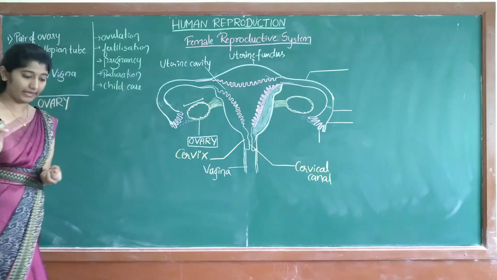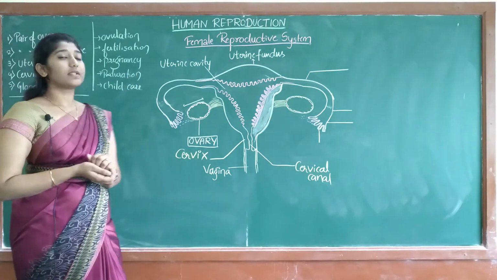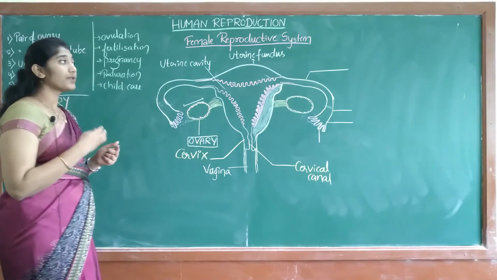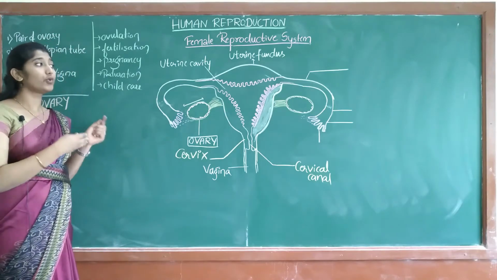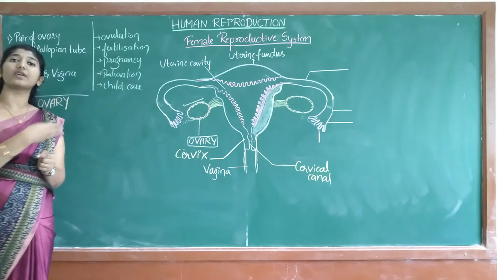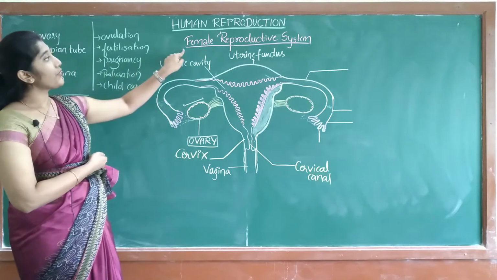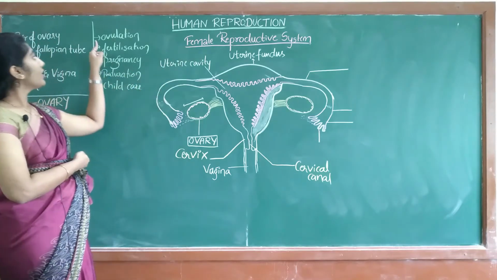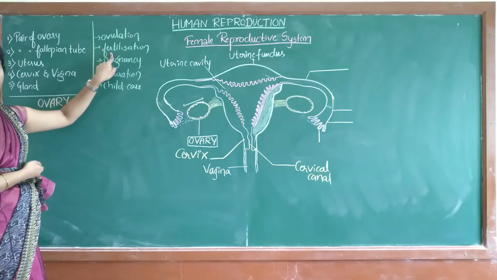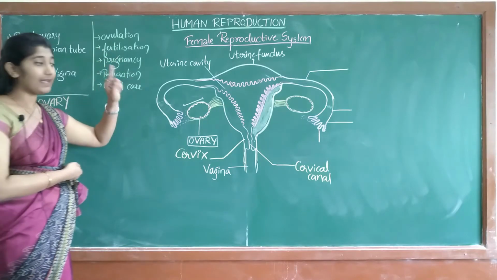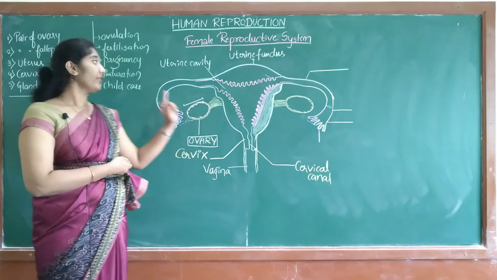In case of male, what happens? Gametogenesis takes place, meaning sperm production, and once the sperms are produced, through the insemination process they are transferred to the female genital tract. But in case of female, what happens? Ovulation followed by fertilization. Fusion of male and female gametes takes place in the female reproductive system.